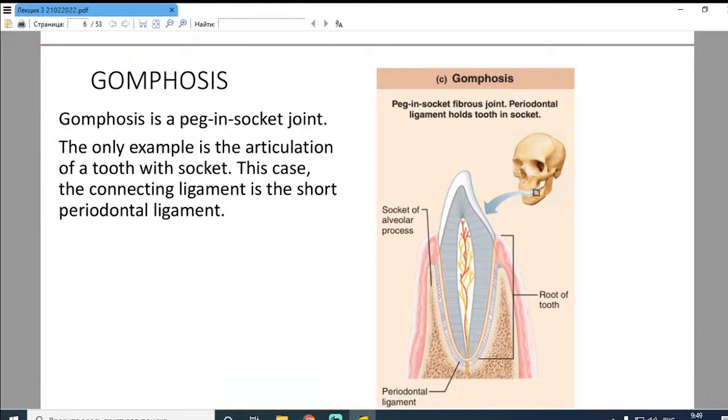Gomphosis, or peg-and-socket fibrous joint. This is the root of the tooth. This is the socket of the alveolar process of the bone. This is the periodontal ligament, the connecting ligament. This is gomphosis.